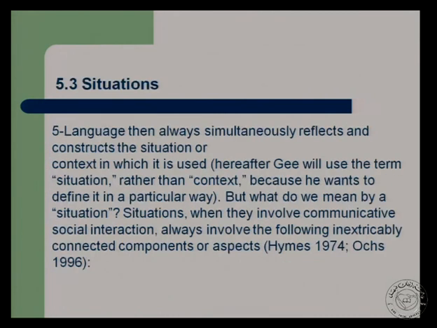But what do we mean by a situation? Situations, when they involve communicative social interaction, that is, interaction between some people, always involve, this is important with the definitions, the following connected components or aspects.